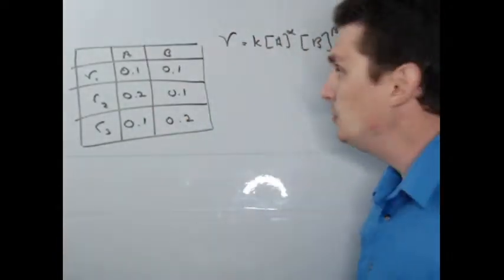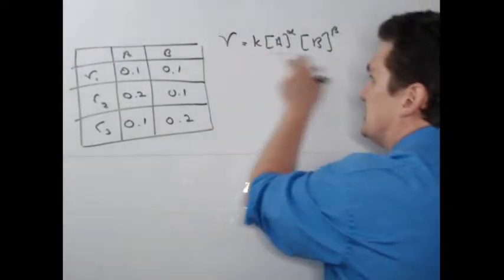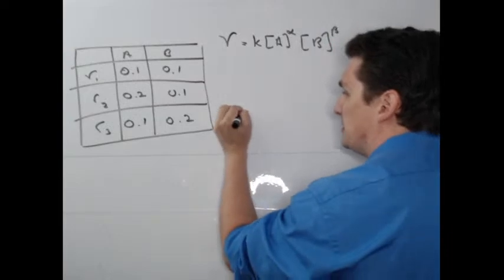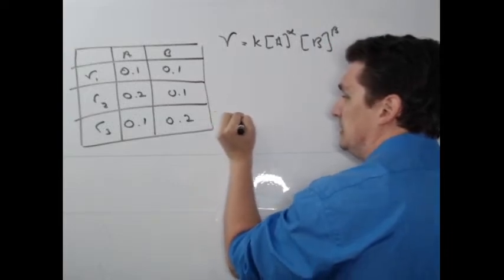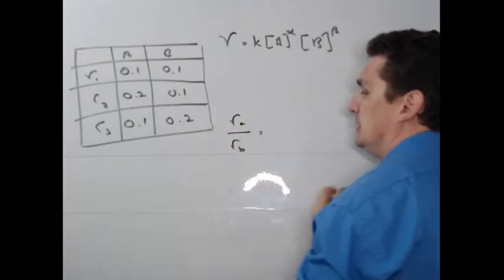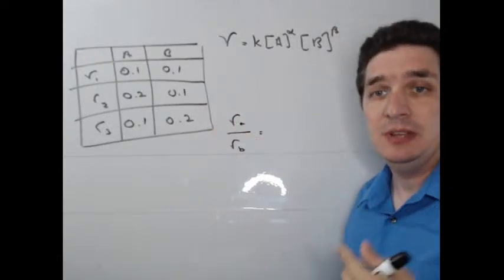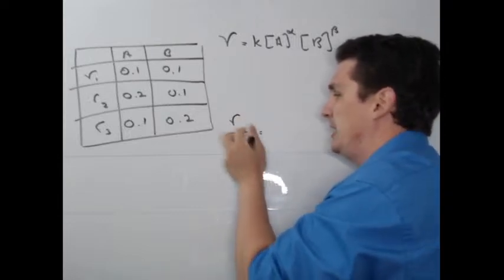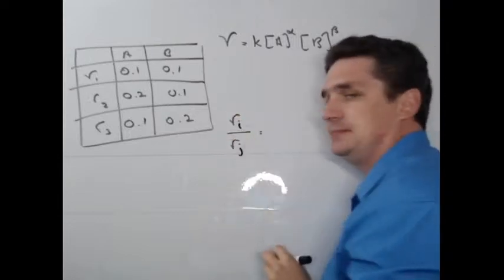So what we can do is take the ratio of two rates from two different runs. We're not going to specify what they are, so we're going to call them run i and run j.